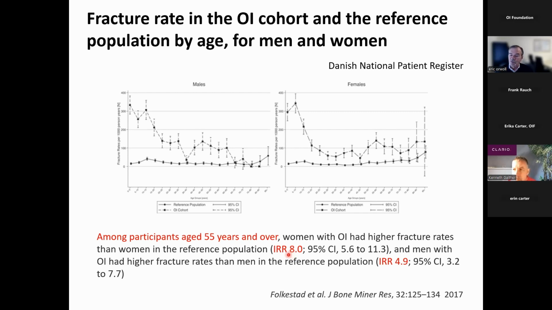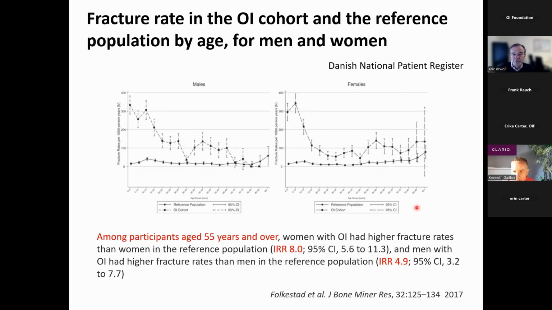So 8 times the risk of fracture in women, and in men, 5 times the risk of fracture in the general population. So in adults, as well as in kids, the risk of fracture is considerably elevated. We need, therefore, to know what we can do to reduce the risk of those fractures.